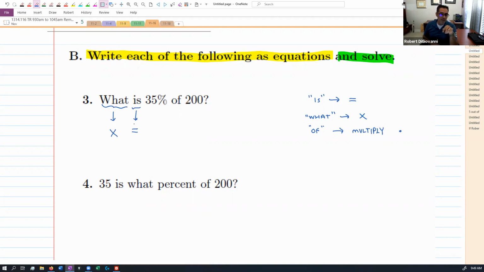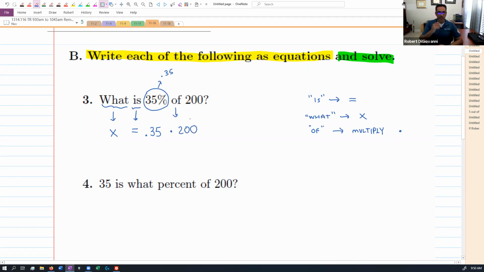So anytime you write the equation, you will need to convert this into the decimal. As a decimal it is 0.35. Just move the decimal 2 places to the left. And then the of is multiplication, so times 200.